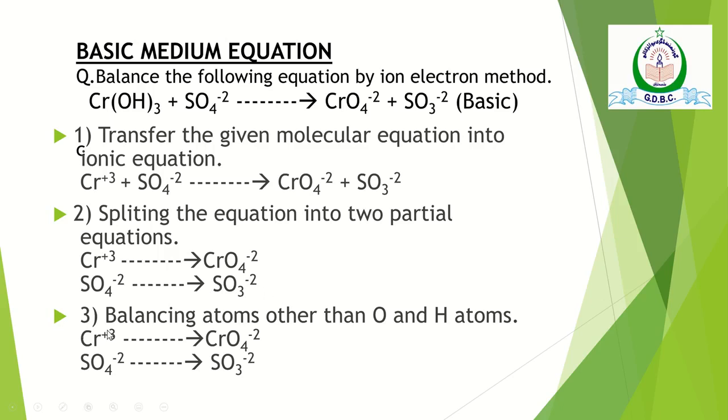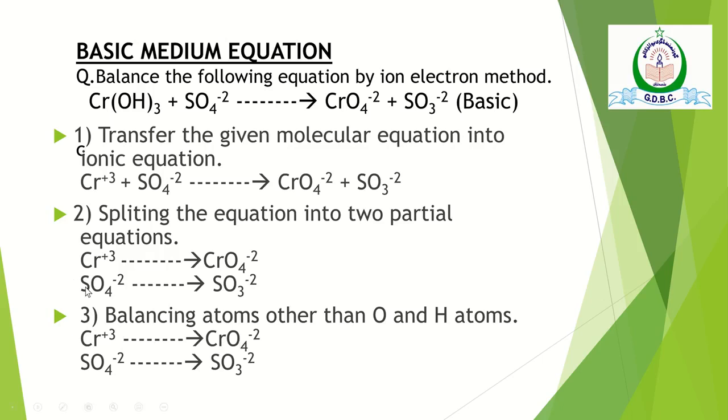Step number 3, balancing atoms other than oxygen and hydrogen atoms. Here we have one chromium atom on the reactant hand side and one chromium atom on the product hand side as well. So it is balanced. We have made no change in the first equation.